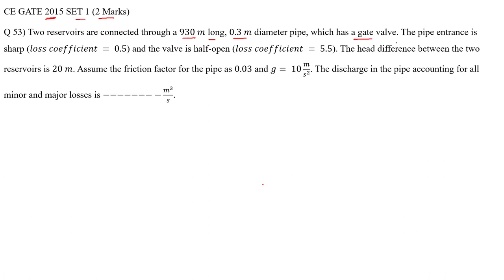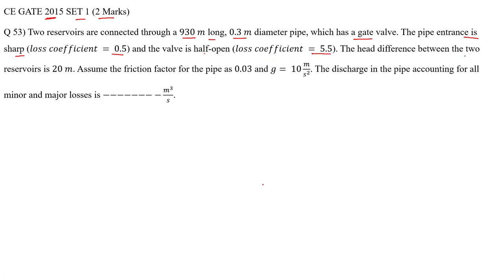The pipe entrance is sharp, and the corresponding loss coefficient is given as 0.5. The valve is half open, so there is a loss encountered by the flow, and the loss coefficient is given as 5.5.